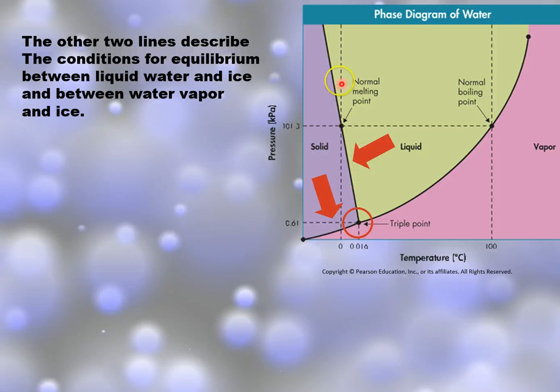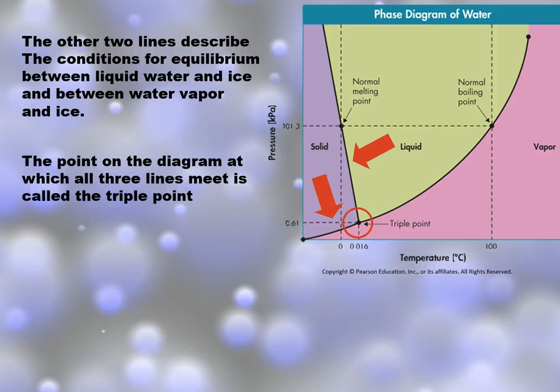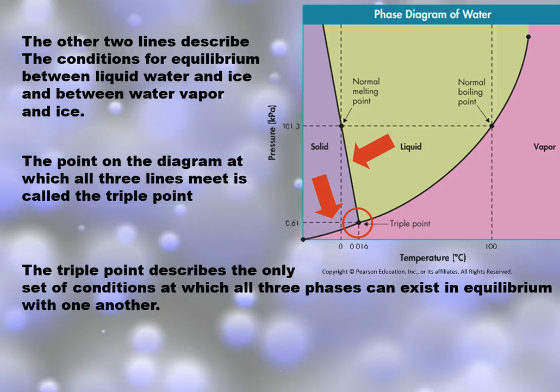Now, this line right here represents the equilibrium between the solid and the liquid phase of water, and the short curve right here represents the dynamic equilibrium we would find between the solid and the vapor phase. Now you have that point that's circled right there, and that point is called the triple point.